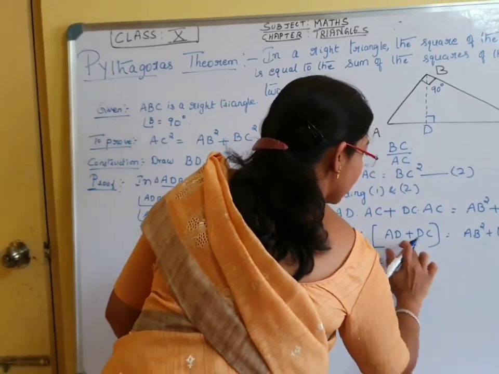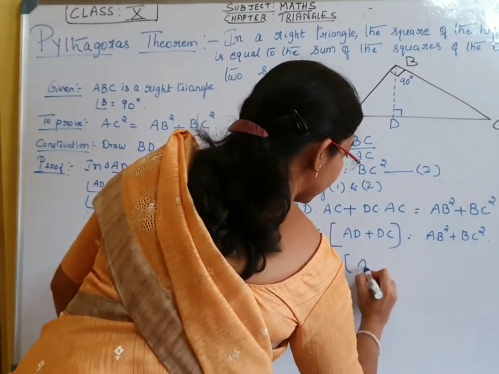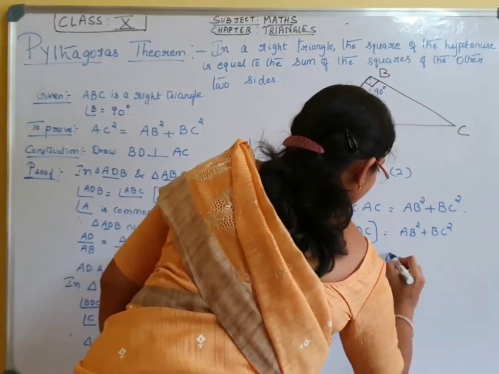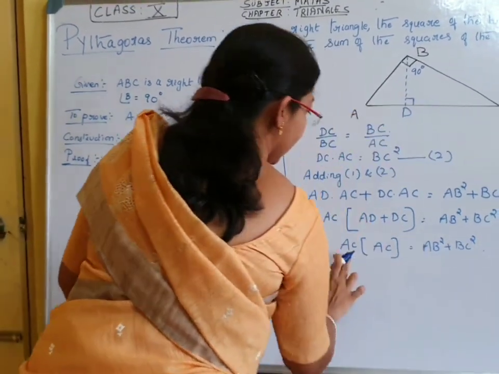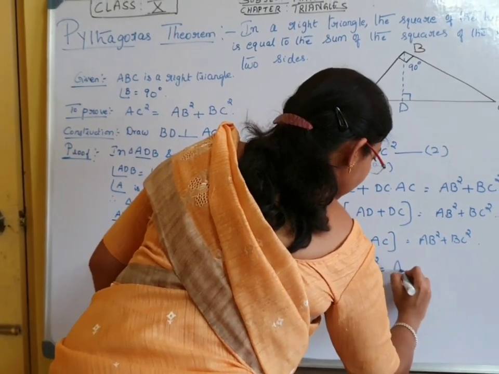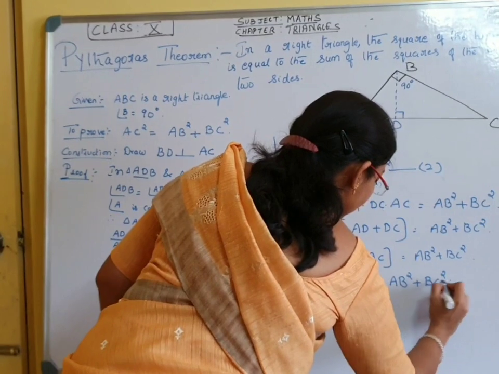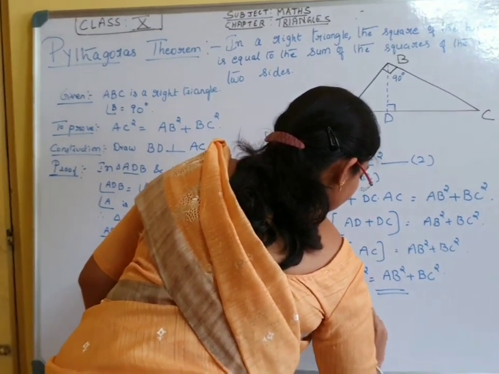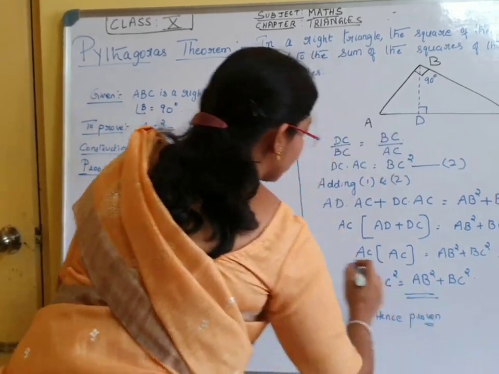AC into the one which is within the brackets, AD plus DC is nothing but AC. Retain the right hand side. AC into AC, AC square is equal to AB square plus BC square, which was supposed to be proven.